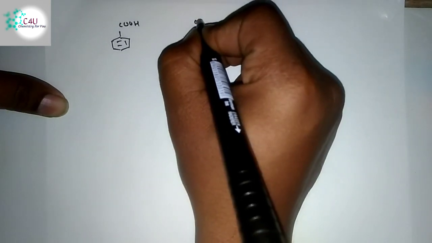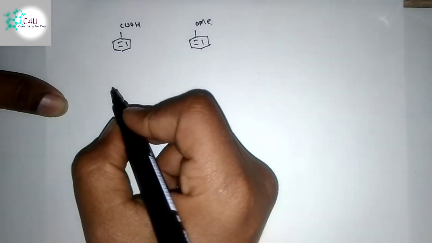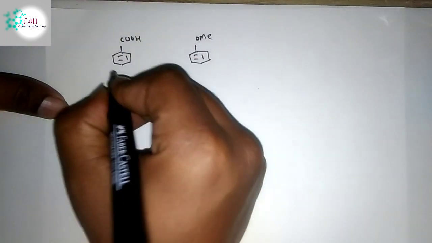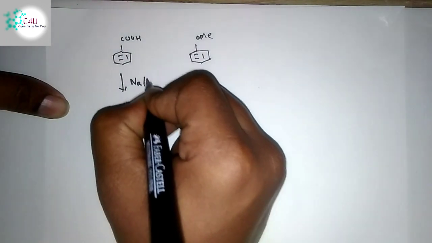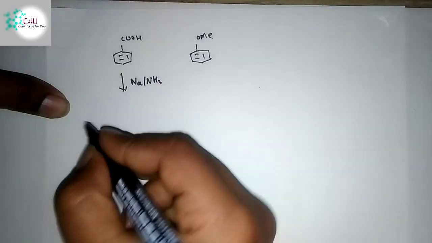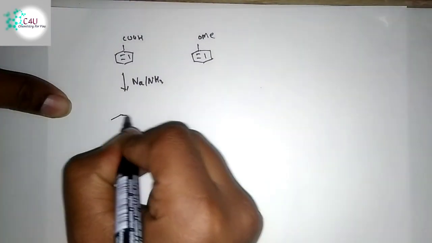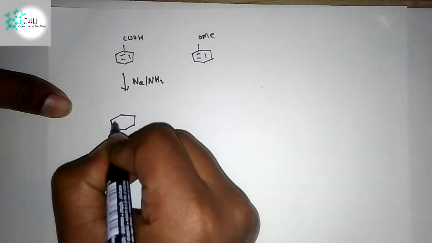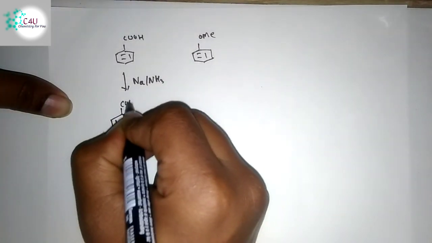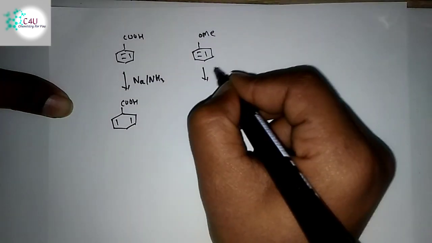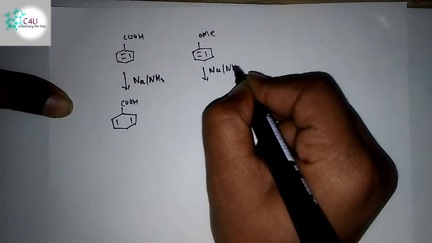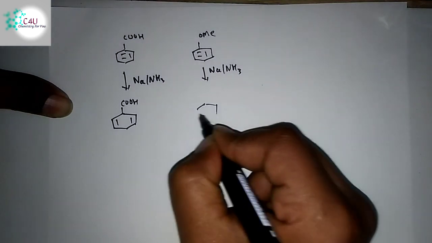We know benzoic acid with Na/NH3 or Li/NH3 in alcohol would give you the 2,5-diene product, and anisole with the same conditions would give you the 1,4 product.